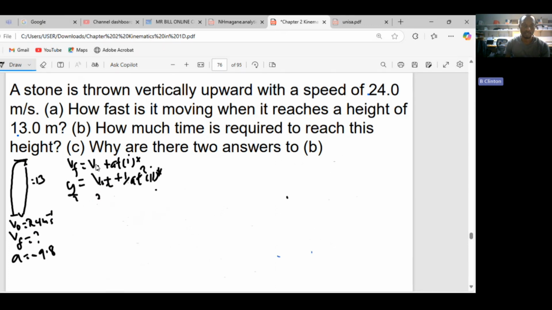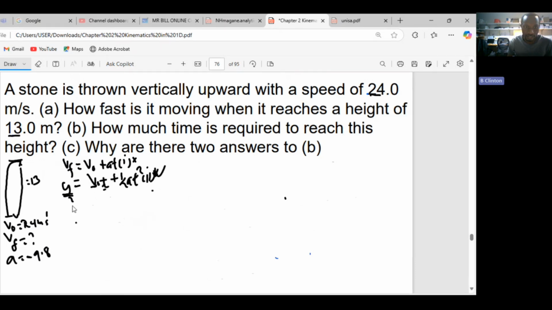Now we are told how much time is required to reach the height. We have the distance, 13, and the initial velocity, but we don't have time, so we can use equation 2 to find time.